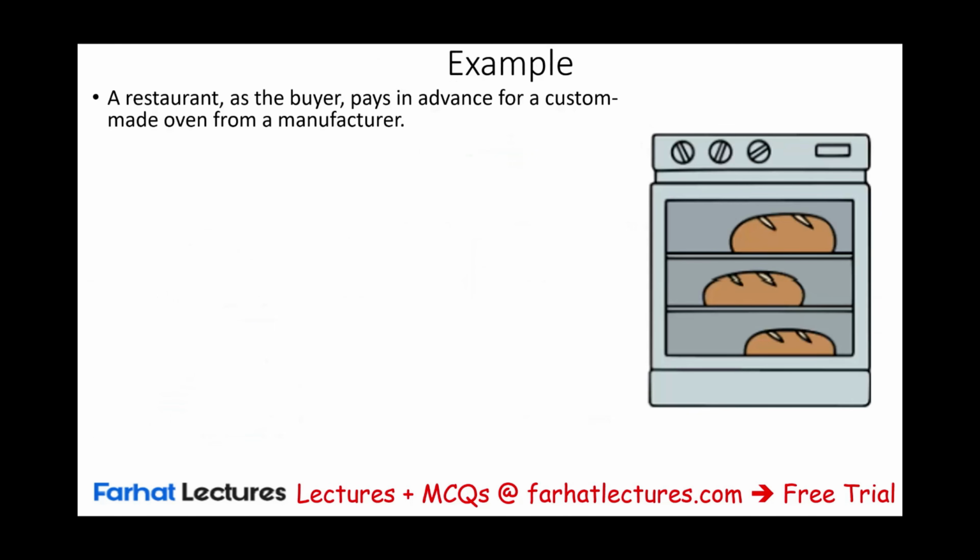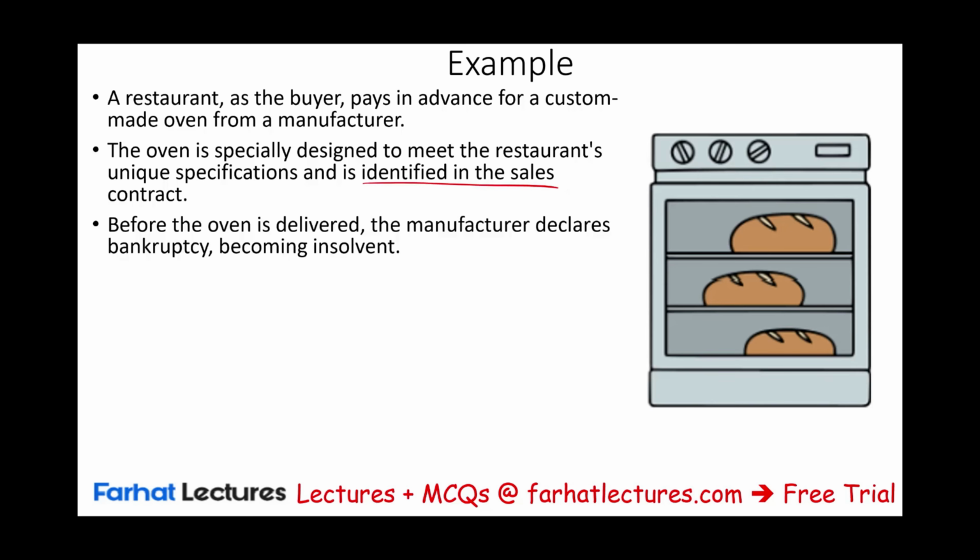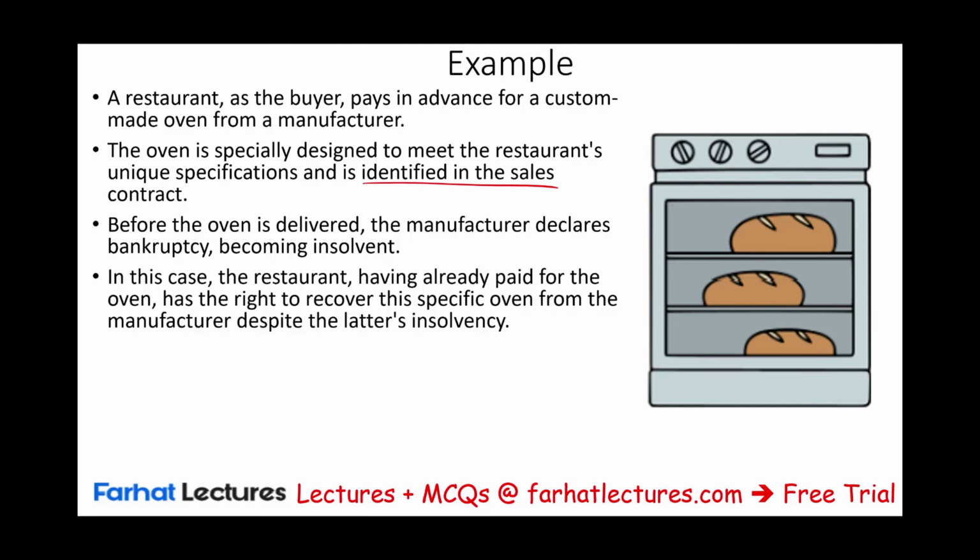A restaurant, the buyer, pays in advance for a custom-made oven from a manufacturer. The oven is specifically designed to meet the restaurant's unique specifications and is identified in the sales contract. Before the oven is delivered, guess what? That manufacturer declared bankruptcy and became insolvent. In this case, the restaurant, having already paid for the oven, has the right to recover the specific item.